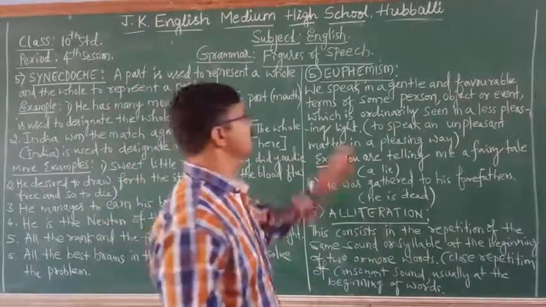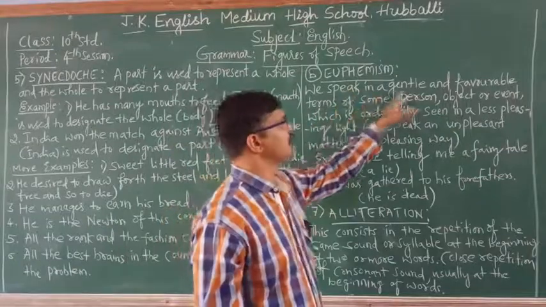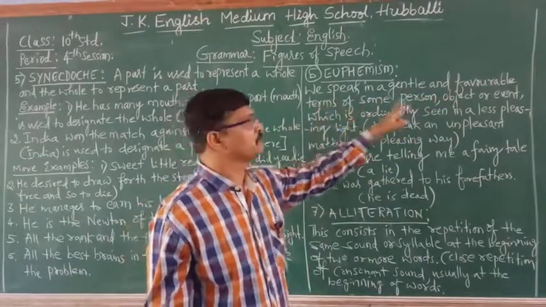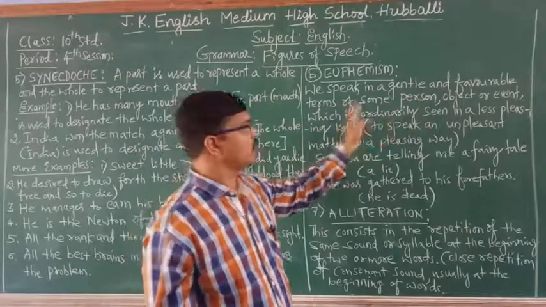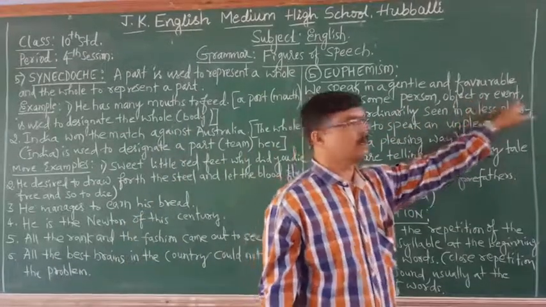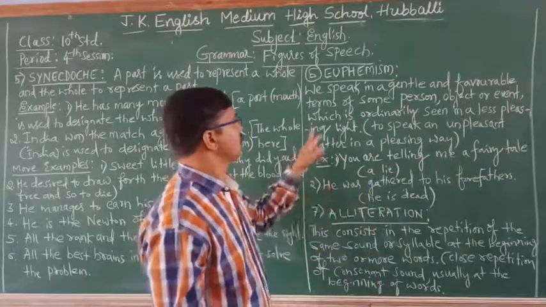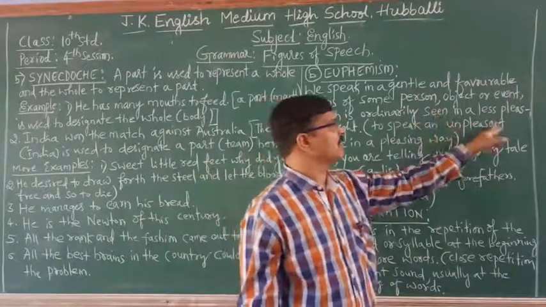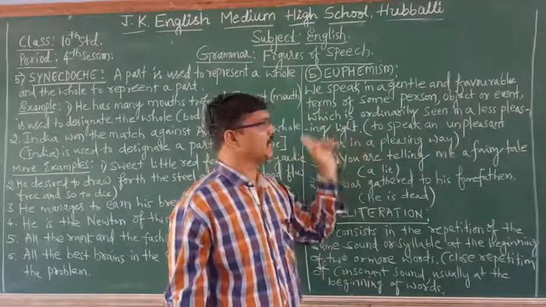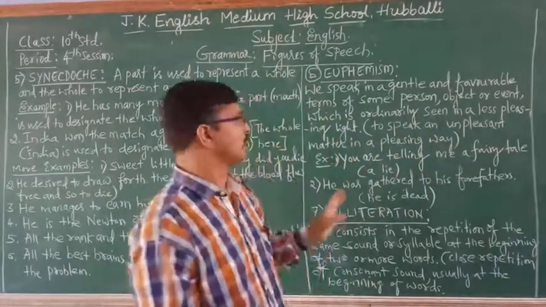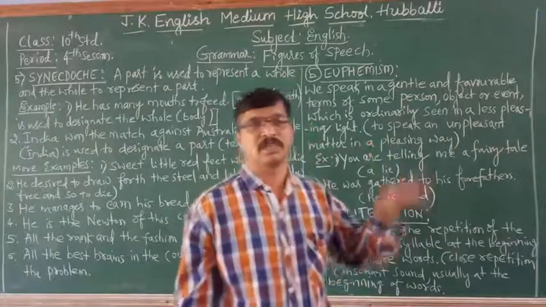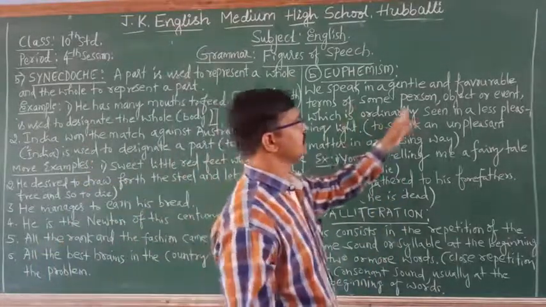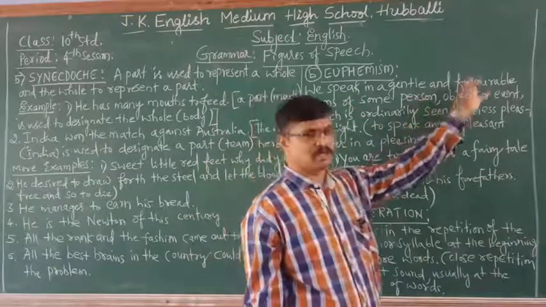in figures of speech. So we speak in a gentle and favorable terms of some person, maybe object or event, which is ordinarily seen in a less pleasing light. Less pleasing light. It is not pleasant. It is unpleasant, maybe regarding a person or object or event.